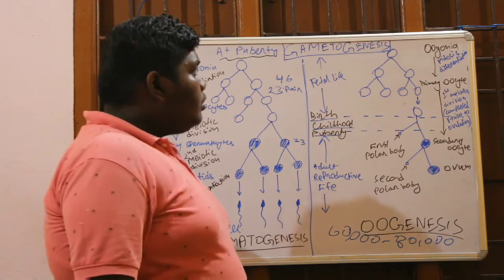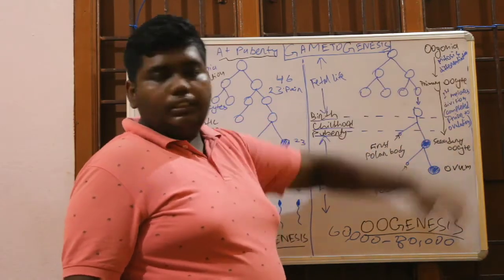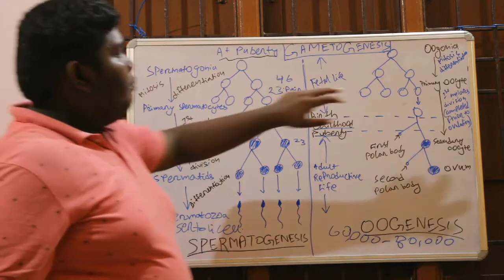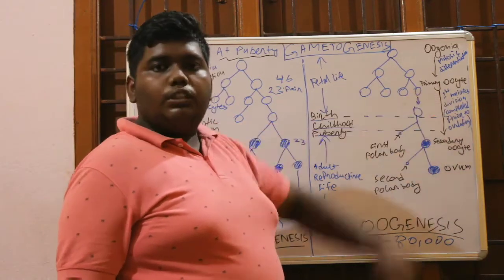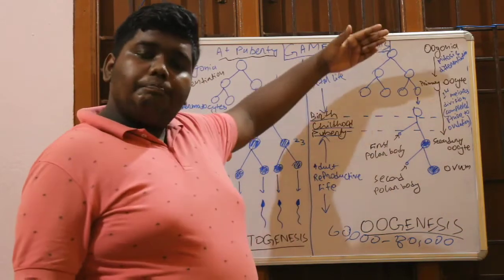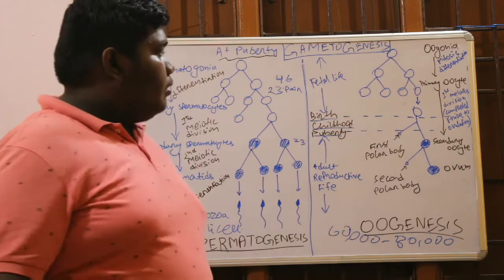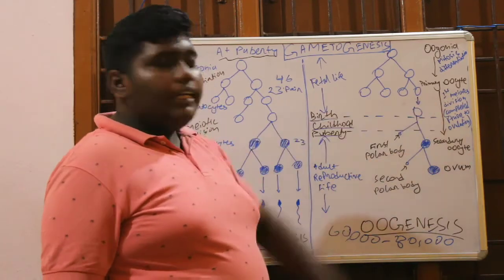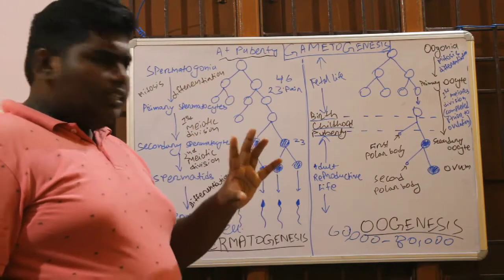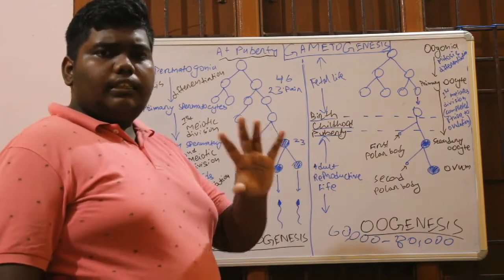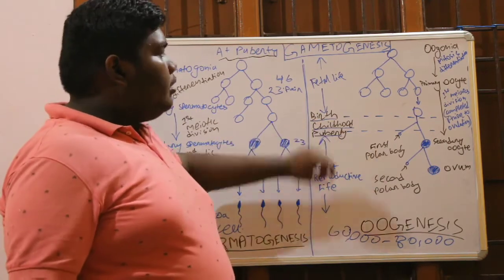Now these oogonia undergo mitotic differentiation, as we have seen before, and they form primary oocytes. All this happens before birth. Now these primary oocytes stay in the ovaries, doing nothing, till birth.